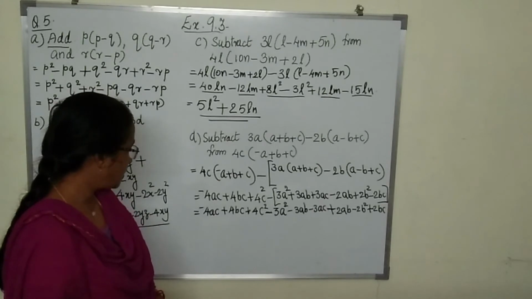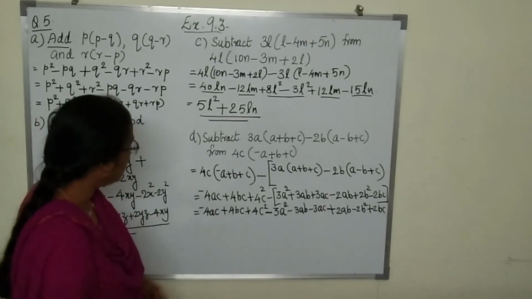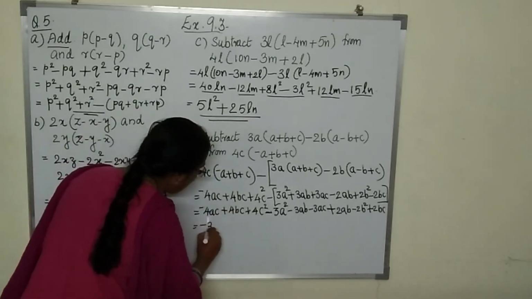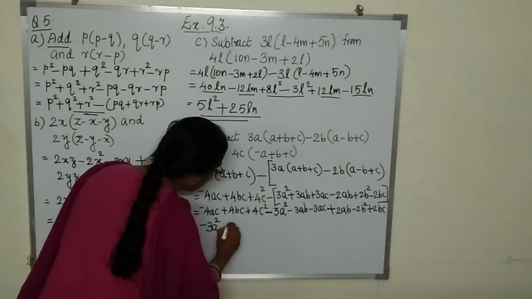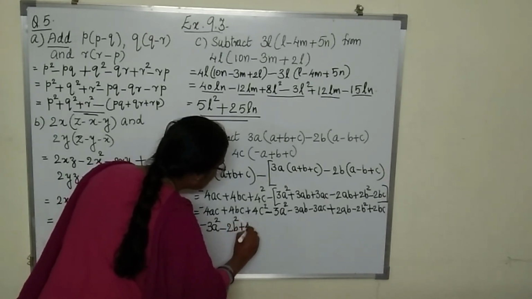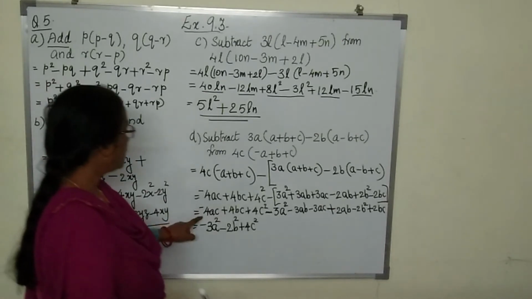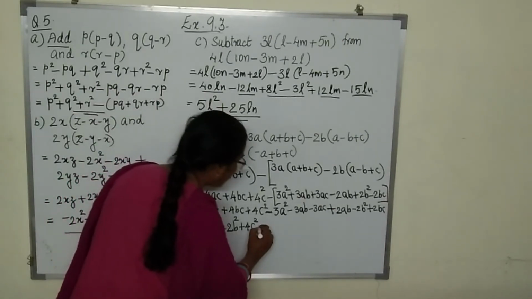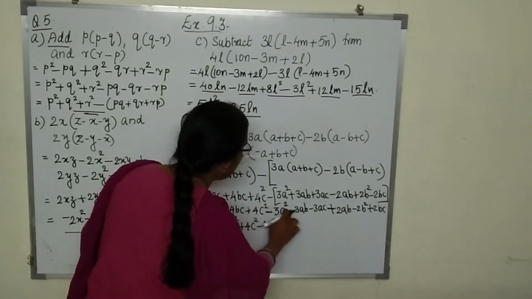Now take the like terms. First let us take the square terms. What is the square term? a square, which is a square minus 3a square, then minus 2b square, then plus 4c square. Now here you see minus 4ac, where is the other ac term?